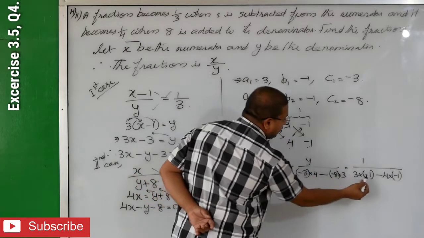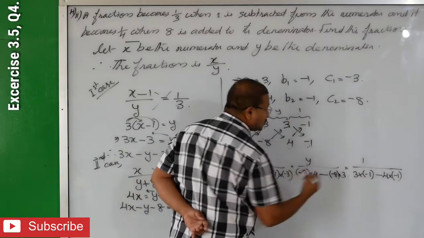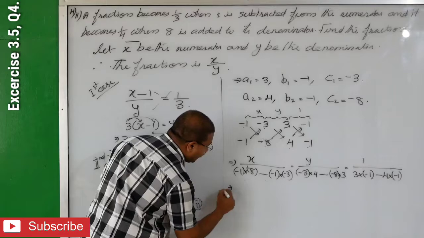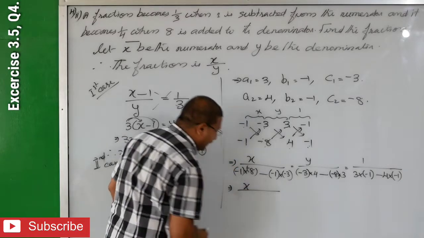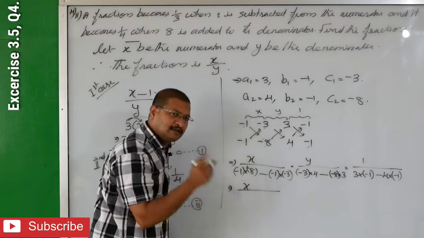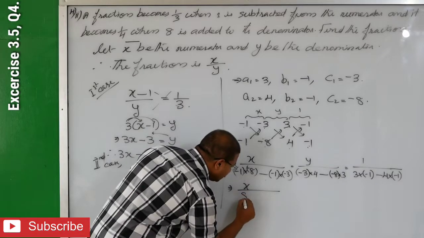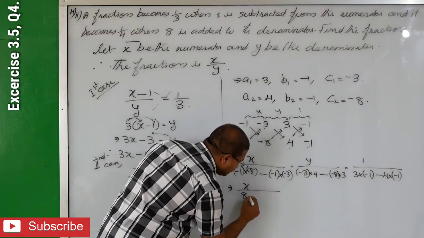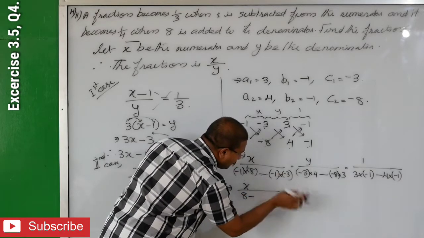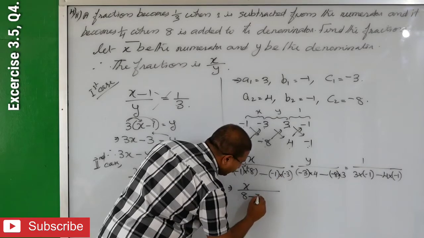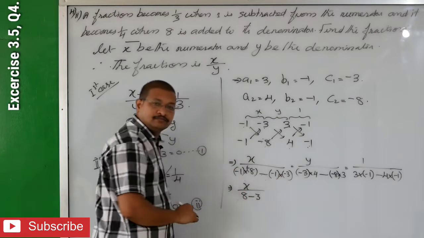3 into minus 1 minus 4 into minus 1. Ready? This implies x divided by, now see, minus into minus plus, 8 ones are 8. Now minus, but of course minus into minus plus, 3 ones are 3. Ready?